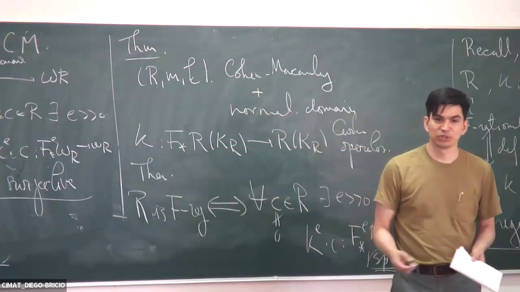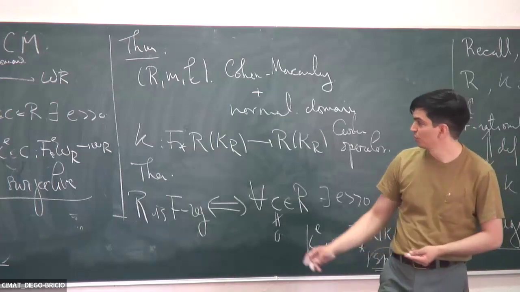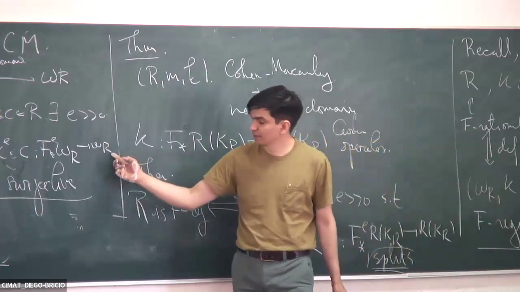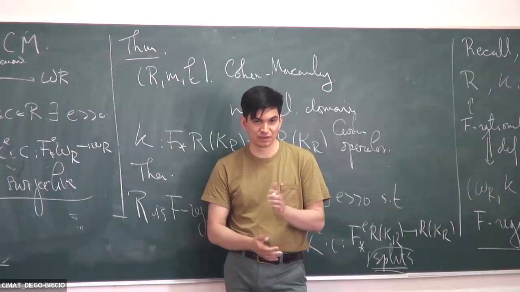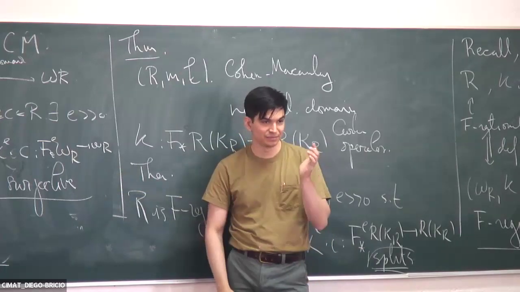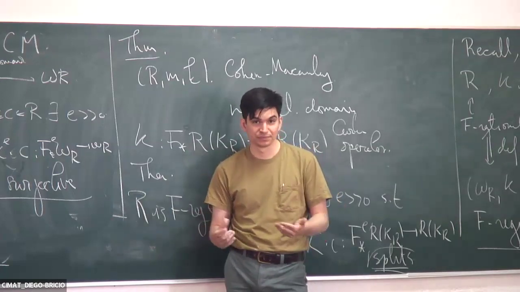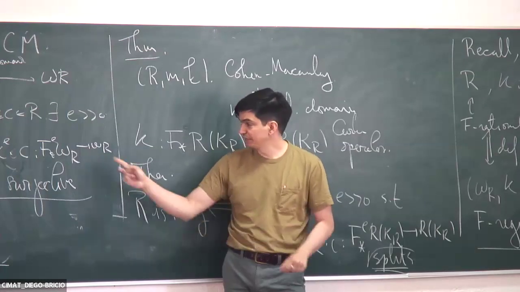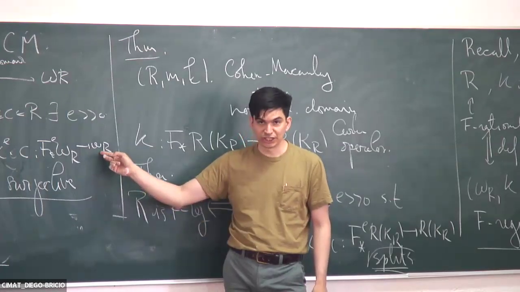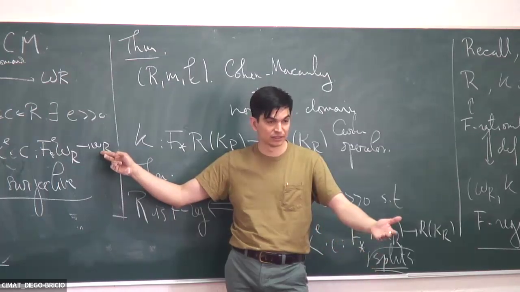And when are surjectivity and splitness the exact same notion, for what type of modules? What would be a property for omega that would guarantee that surjectivity and splitness are the exact same thing? When it is a projective module. Right? Projective means that surjections are the same thing as splittings.